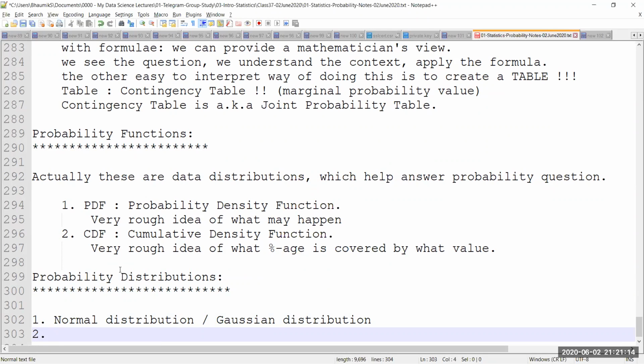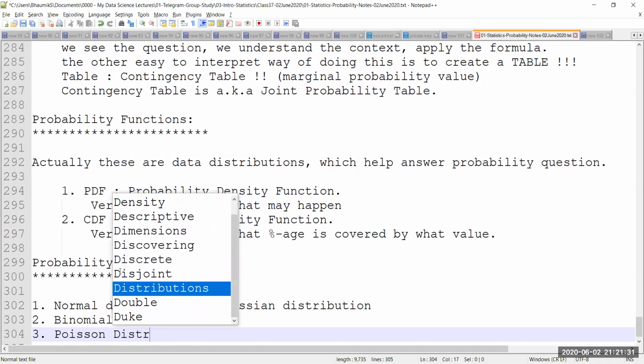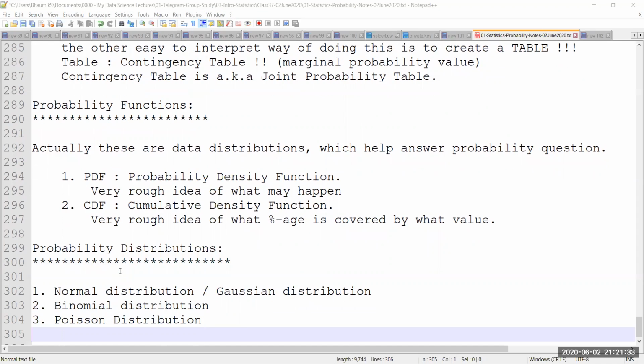Then you have something known as binomial distribution. These are the kinds of distributions that we are going to study. Then I have a Poisson distribution as well. These are simply the names, or you can say the types, of the distributions.